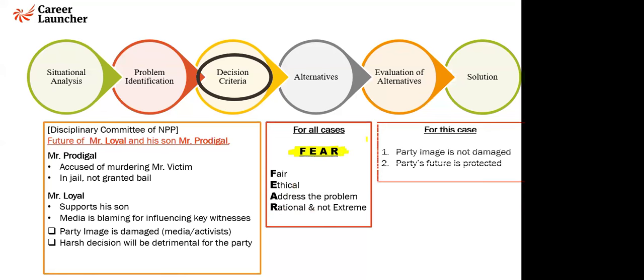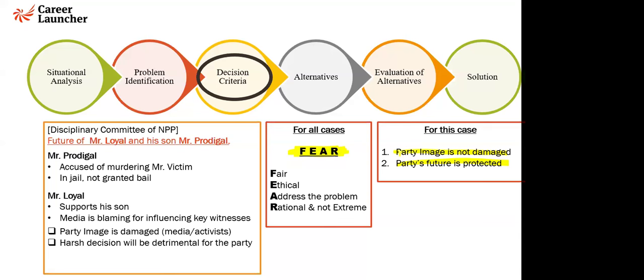But as far as this case is concerned, if I was the disciplinary committee of NPP, this is what I would be looking for. As a disciplinary committee of NPP, I would want the party image to be not damaged and the future of the party protected. So if there was no question which gives criteria, then I would possibly be looking at these as the criteria.